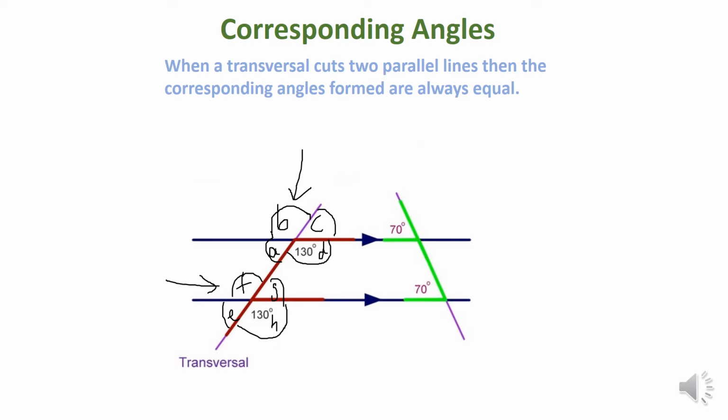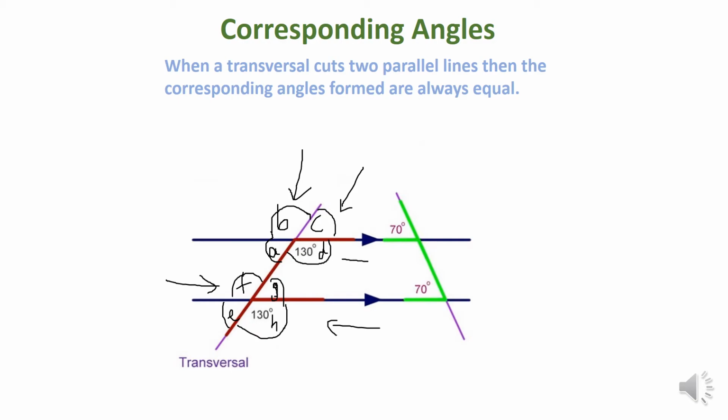Now let's look at angle C. What is angle C corresponding with on this second parallel line? Angle C is corresponding with angle G. Okay, because angle C, as we can see, is the first angle on the top right. Okay, on the second parallel line, this is also the angle on the top right.